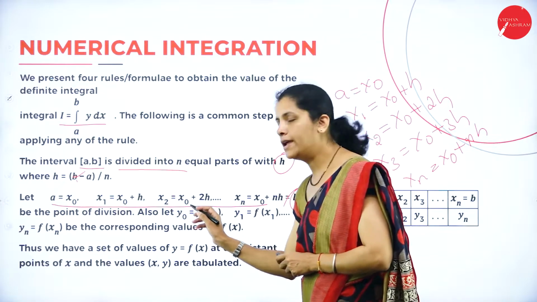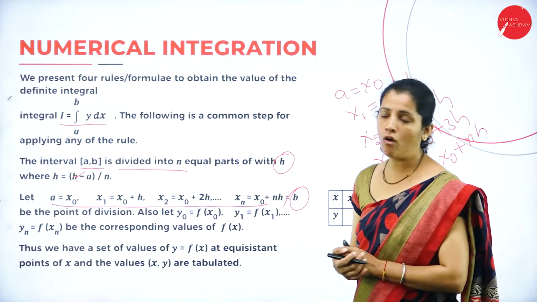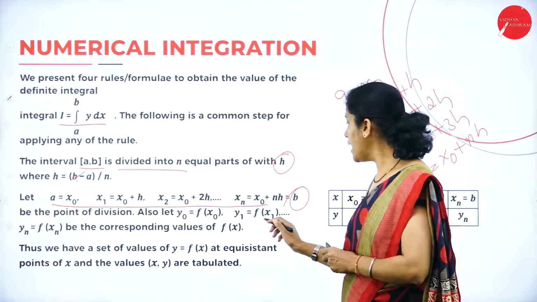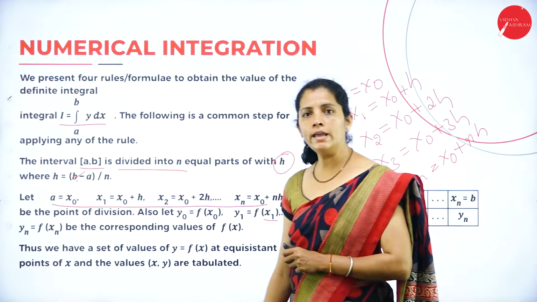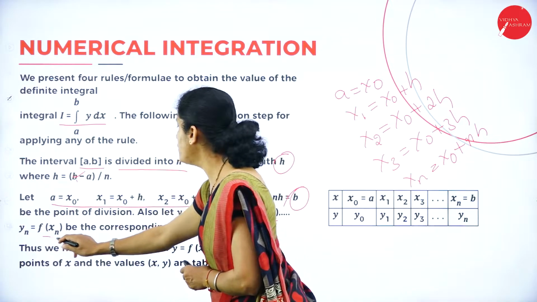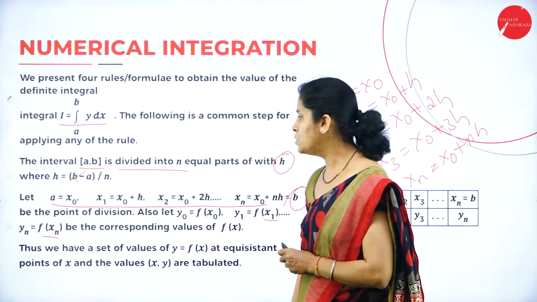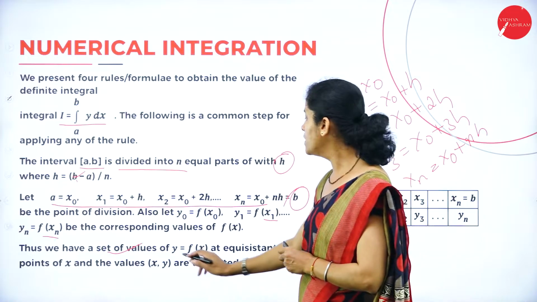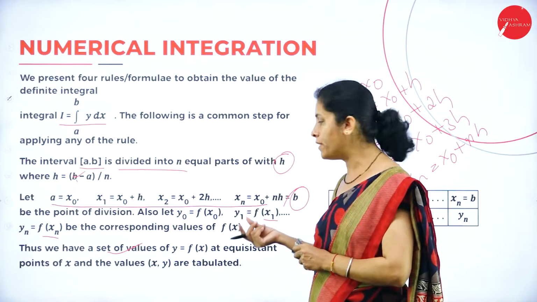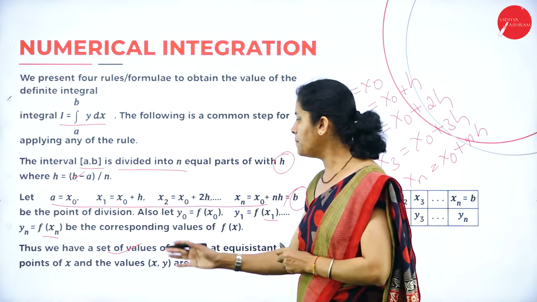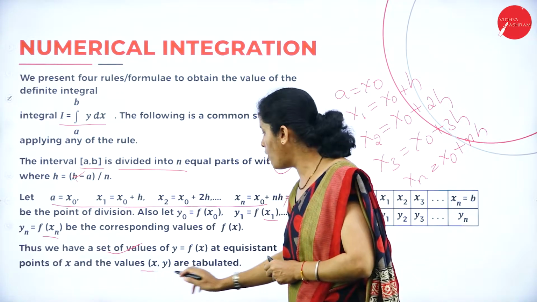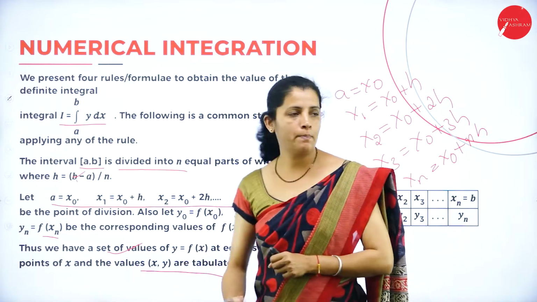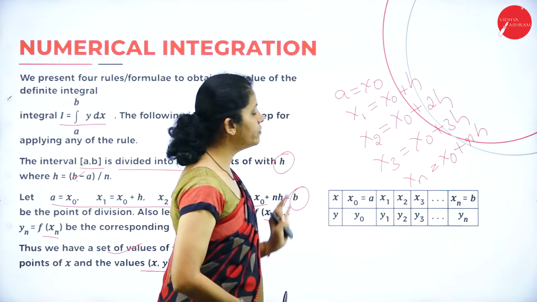Therefore, y0 equals f of x0, y1 is nothing but function of x1 and yn is nothing but function of xn. So we have a set of values that ranges from y equal to f of x at some points, and the points are in the form of x comma y, represented in terms of a table.